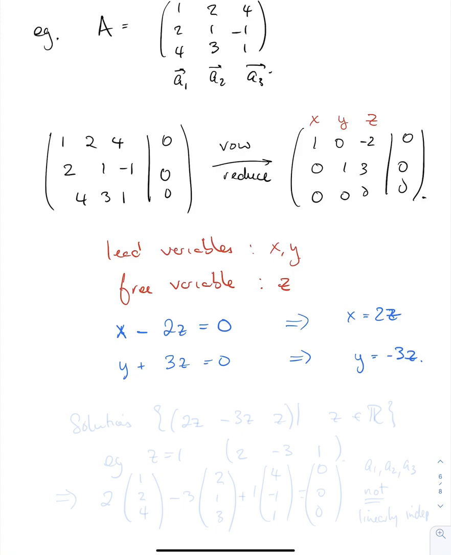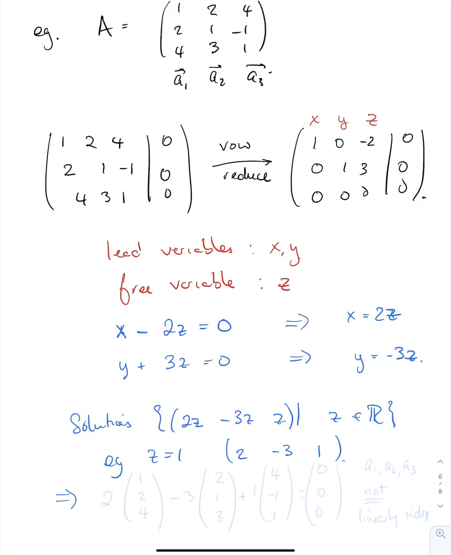And so the solution set will look like (2z, -3z, z), where z is some real number. In particular, when z is equal to 1, we have that (2, -3, 1) is a solution.